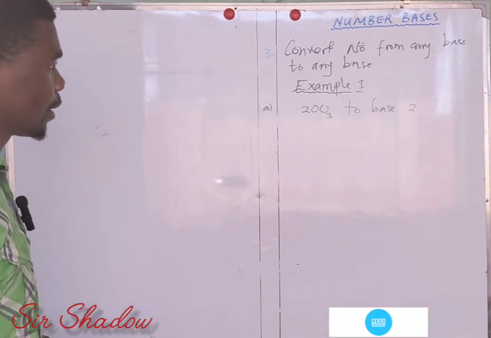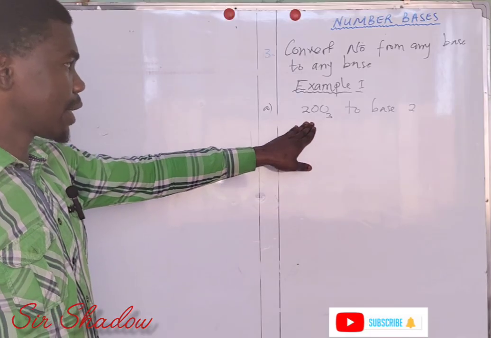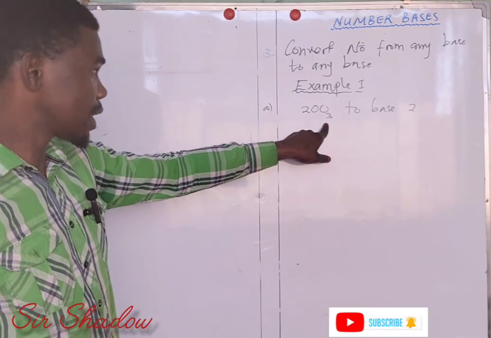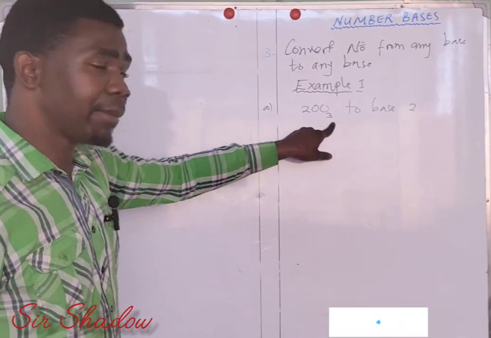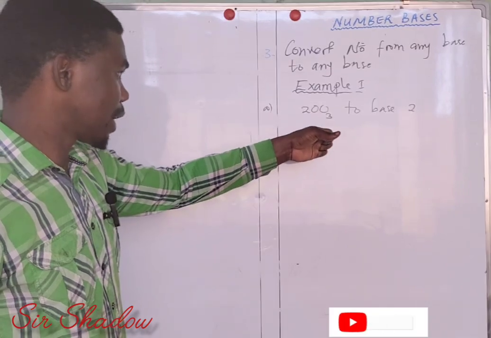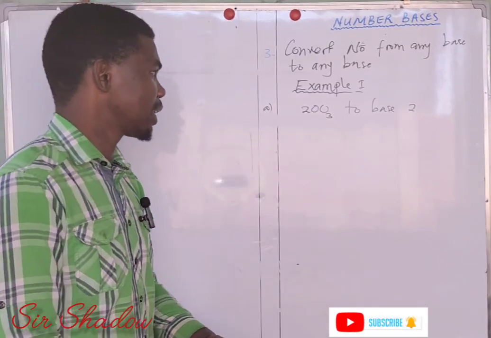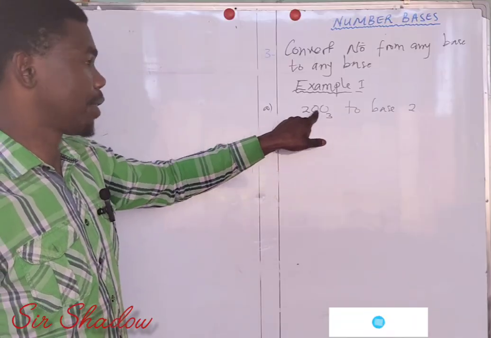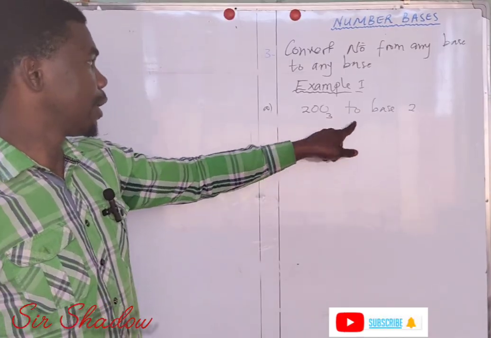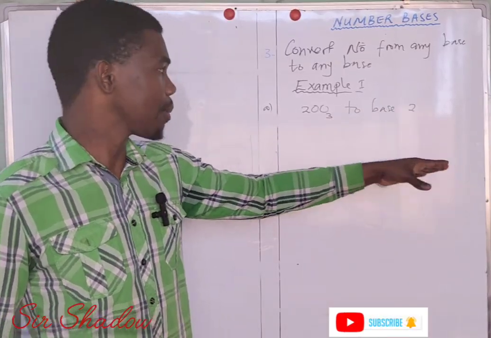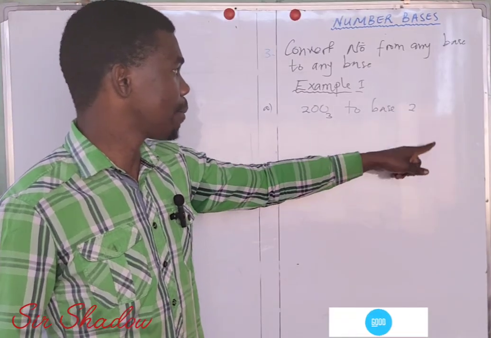The given number is from n base, because at some point we might be given base 3, base 5, base 4, base 8, any base, which is just above these digits we are given, then converted to n base, which might be base 3, base 4, base 5.